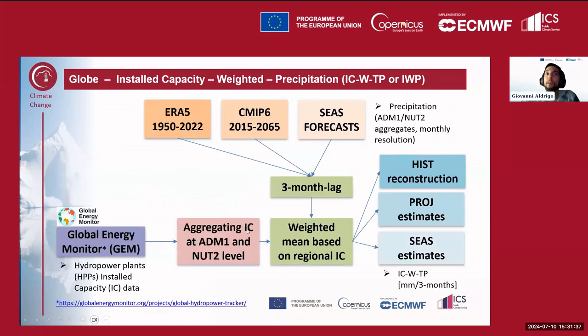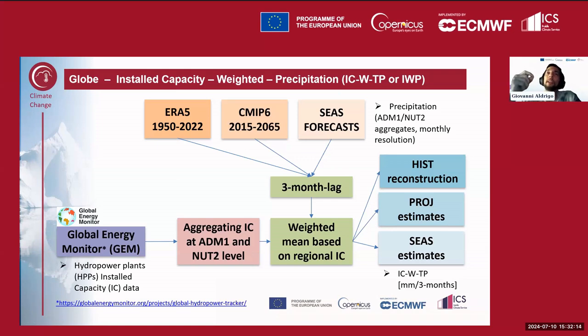So once we have obtained this aggregated installed capacity, we take the precipitation data and aggregate it as well at the regional level, either at admin 1 or NUTS 2, and at the monthly resolution. At this point, we compute, as we saw earlier for the random forest, a similar thing: an accumulated precipitation over 3 months, in order to account for the history of this variable.